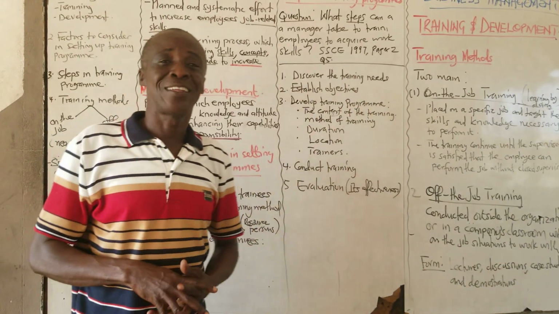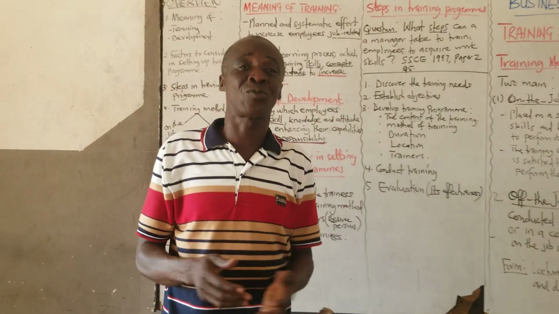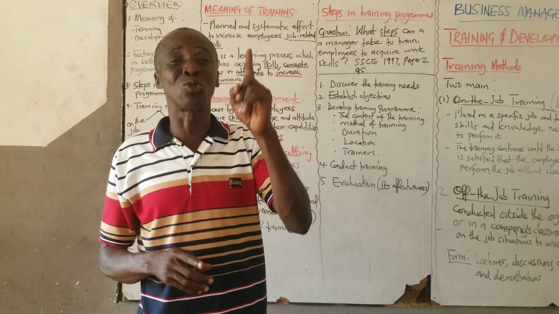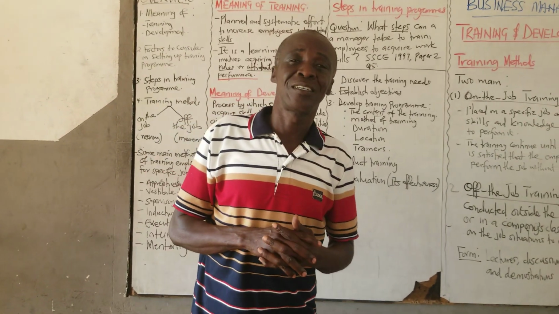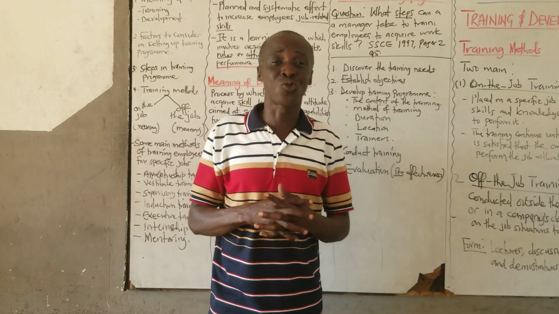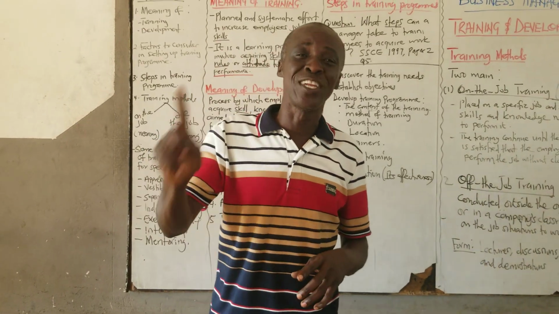Number 1. The first one, very simple, straightforward. We have already done that when you were in school. You need to discover their training needs. And remember in school, I told you when you say training needs, we are not talking about the things you need for training.